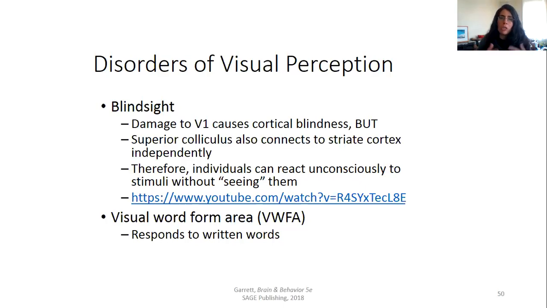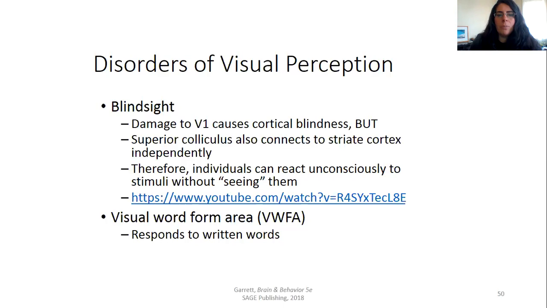So their perception is actually that they are blind, but there's still information processing happening in the receptors and at different levels of the cortex. So blindsight is a result of damage to V1.